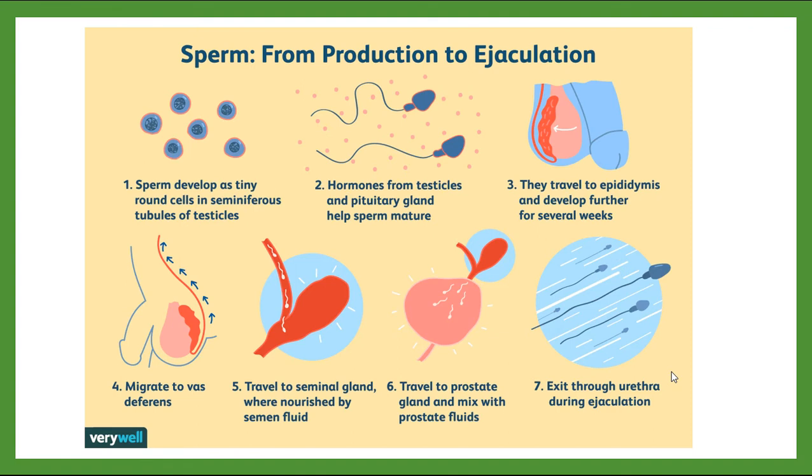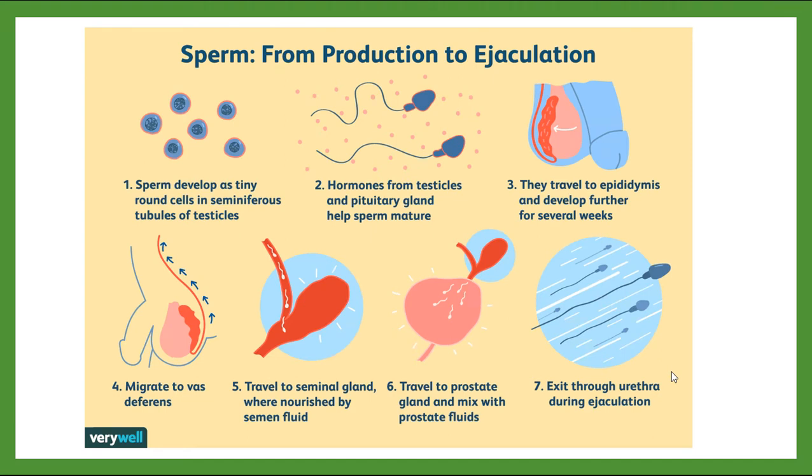So if we look at that journey of the sperm cell from production within those seminiferous tubules all the way to its exit. So we start with these little sperm cells. These are small rounded cells within the seminiferous tubules.